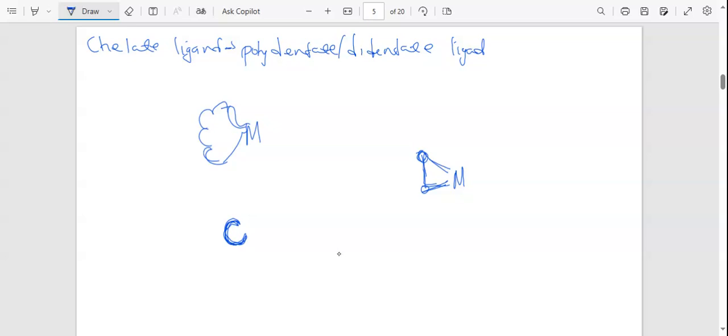It can be a poly or a di, but not mono, because in a mono you won't see two things binding to the central atom. But in a poly and also di, there are two or more that bind the central atom, like we saw for EDTA, ethylenediaminetetraacetate. Okay, so a chelating ligand will look like this.